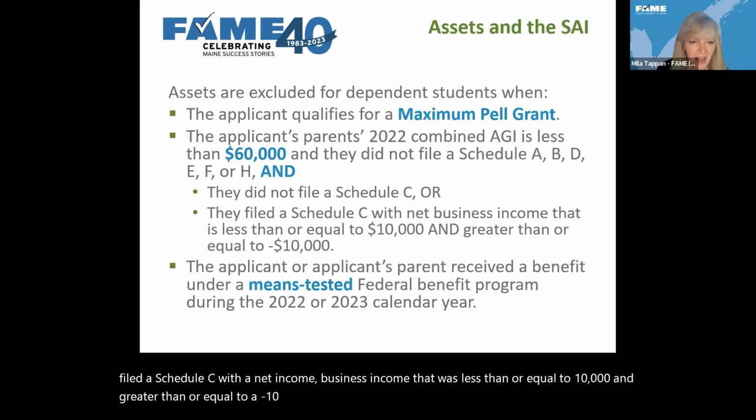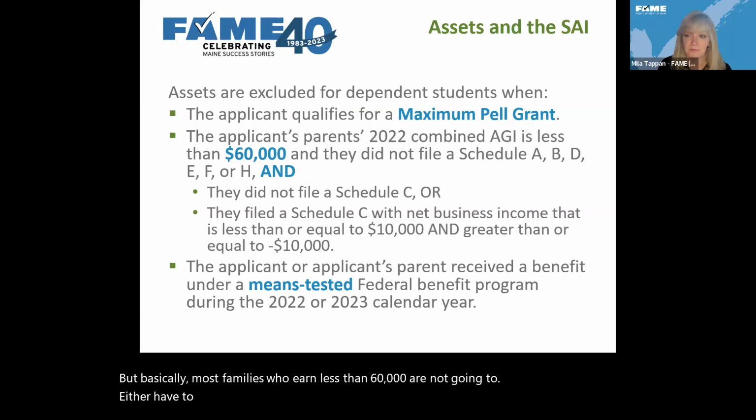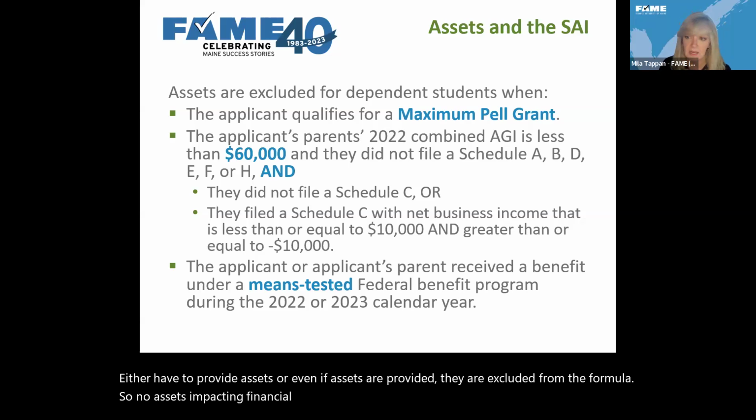Okay, kind of getting in the weeds on that one. But basically, most families who earn less than 60,000 are not going to have to provide assets, or even if assets are provided, they are excluded from the formula. So no assets impacting financial aid eligibility for those individuals.